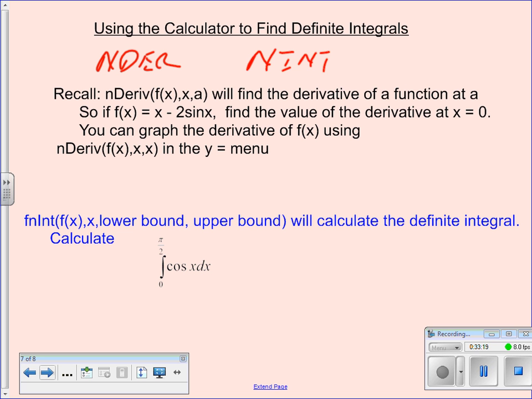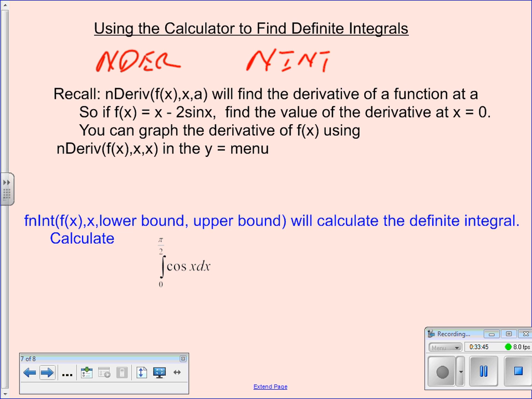One of 2 things will pop up. Either you will get a template of an integral with spaces to type in your lower bound, upper bound, and the integrand. That's a nice one, because then you'll just type in exactly what you see here, and it'll pop it up, and then you hit enter or solve, and it will do it for you.